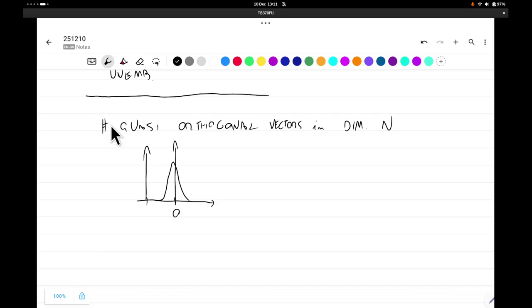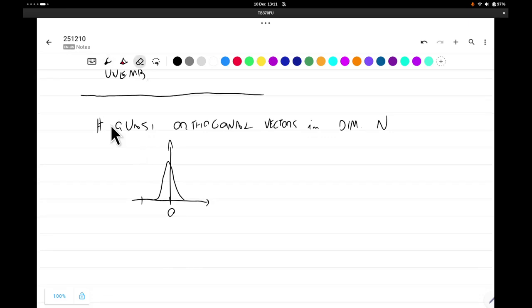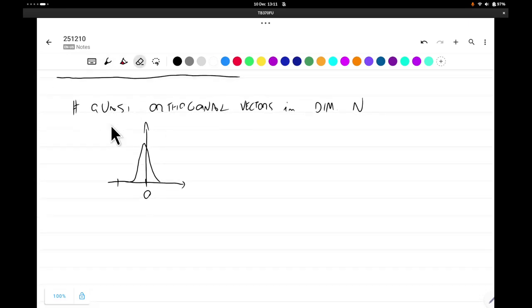Probably it's better to do it like this. And if you also apply some kind of repulsion, so you take all the points and apply some kind of repulsive interaction between them, you easily get something that is even more peaked in other dimensions.